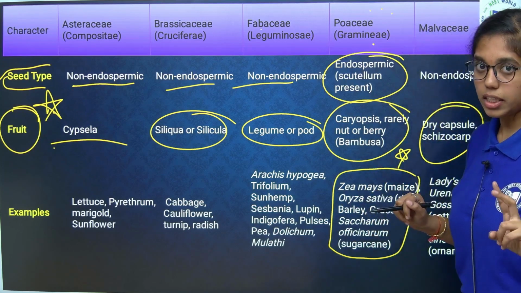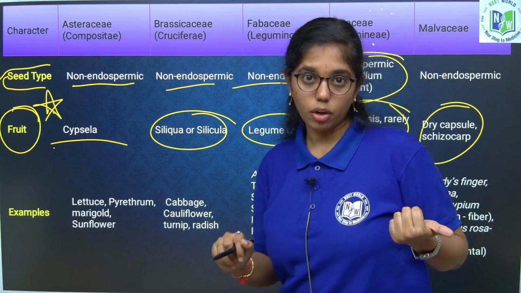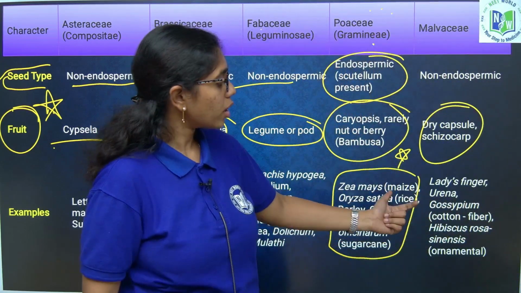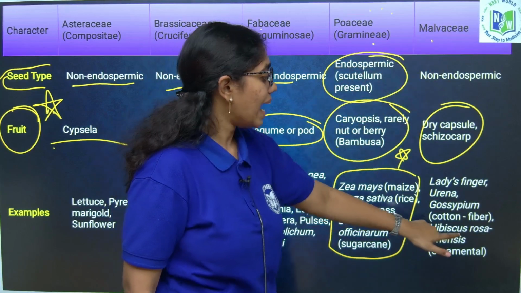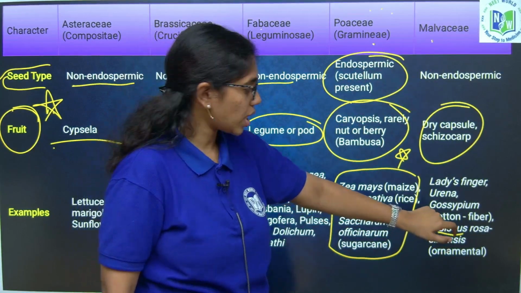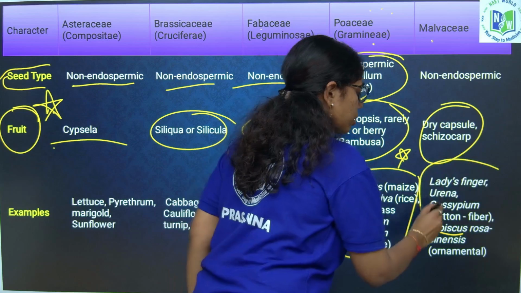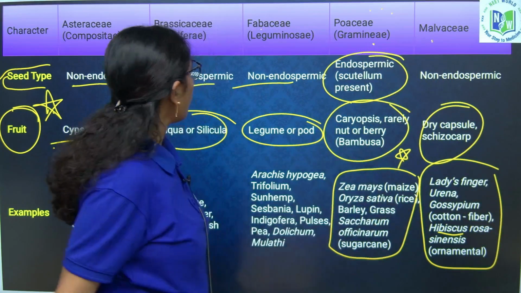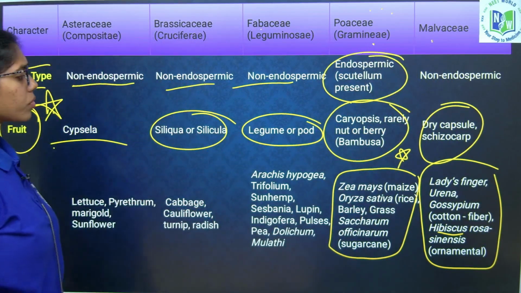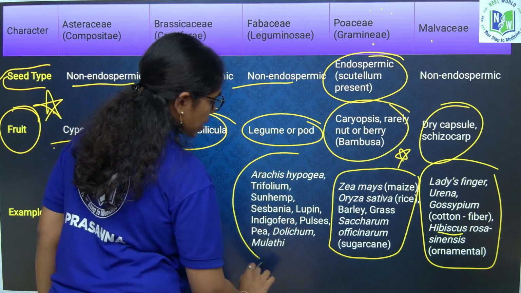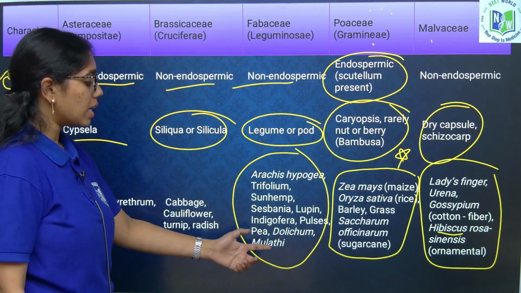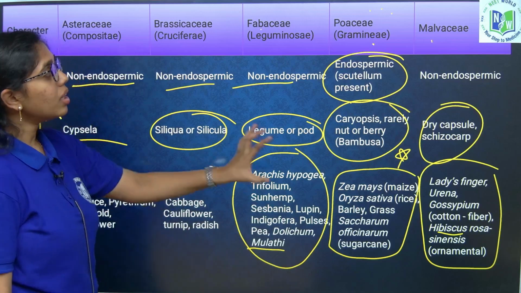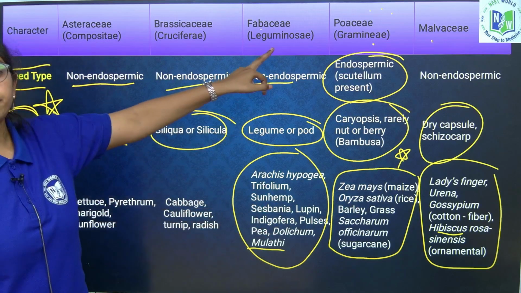Coming to Malvaceae, lady's finger, bendi or okra, and cotton, and hibiscus, your favorite flower, China rose, belong to the family Malvaceae. Fabaceae includes groundnut, sun hemp, sesbania, pulses, pea, dolichos, and the medicinal plant mulethi. All these are examples of Fabaceae.